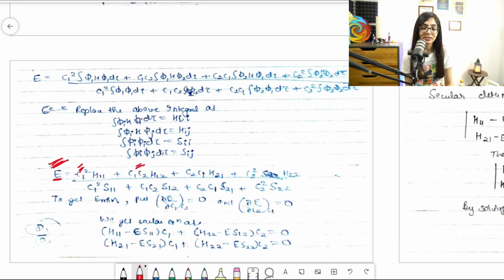Fine. So I'll differentiate this energy, del E with respect to C1, keeping the other thing constant, and same with this energy. I'll again differentiate it with respect to C2, keeping the other thing, that is C1, constant, and I'll put it equal to 0: del E by del C1 with C2 constant, then del E by del C2 with C1 constant, we'll be putting it equal to 0.